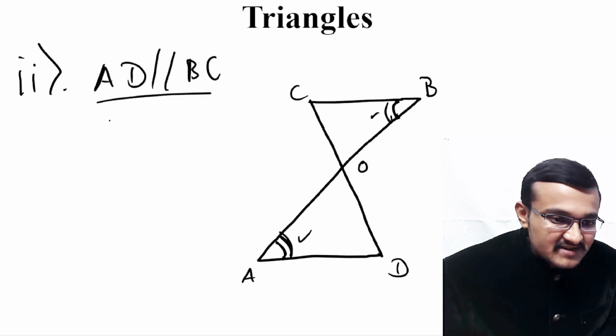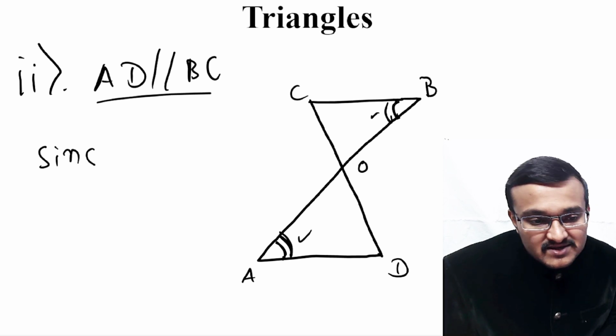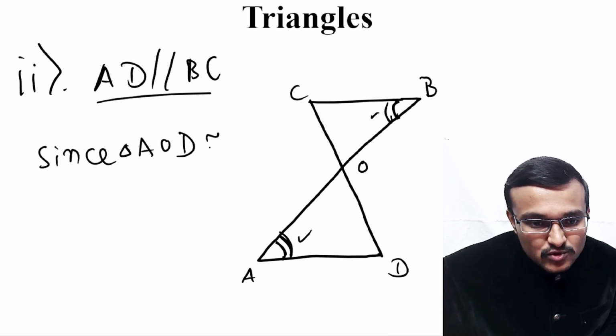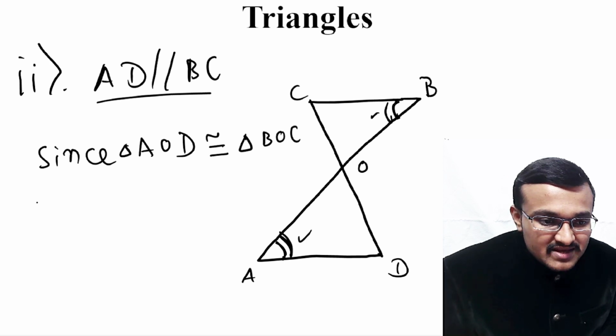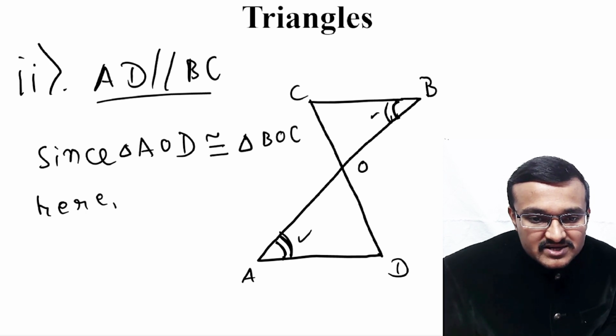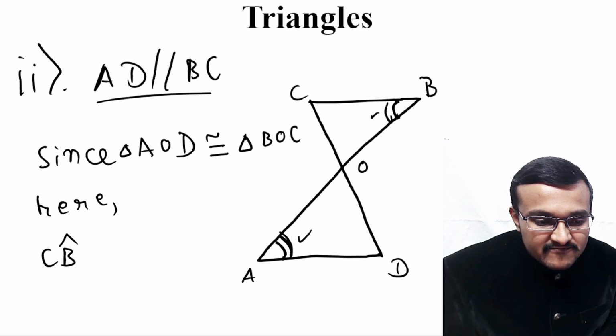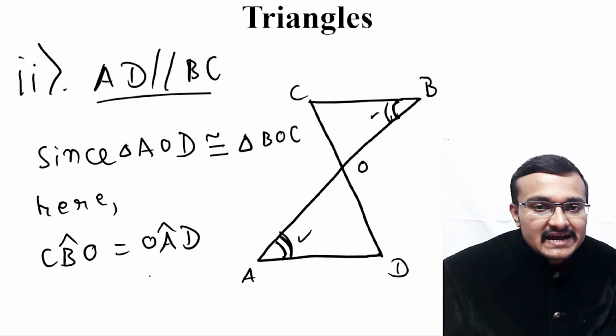So since triangle AOD is congruent with triangle BOC, angle CBO will be equal to angle OAD.